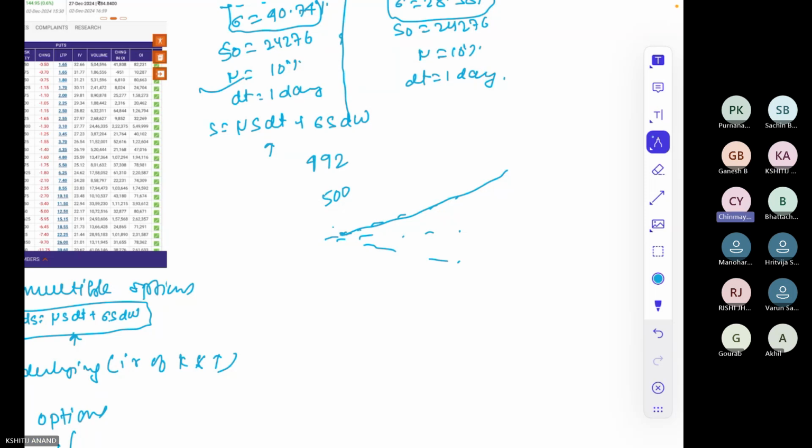Am I audible? Yeah, you are audible. So basically, you are trying to say that if the IV is different for all the options, then what is the real IV that we should take into account in the BSM model? Right. That is the thing that we discussed while we were introducing the concept of volatility.